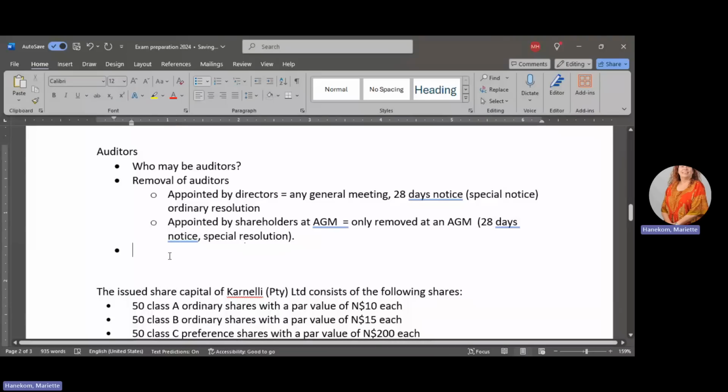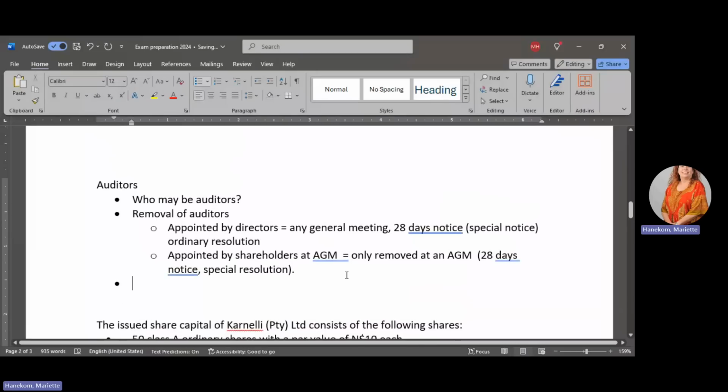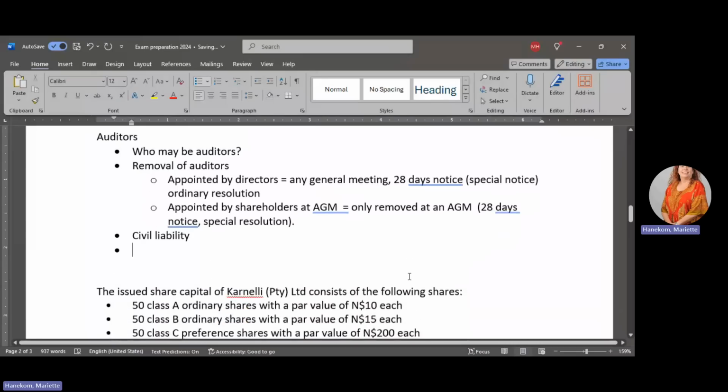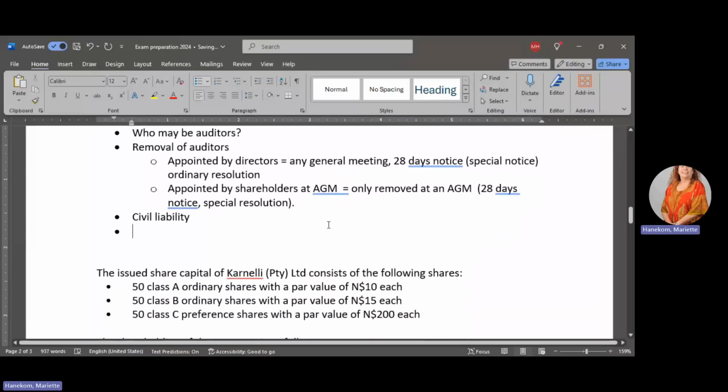The next aspect of auditors, which is important, is the civil liability of the auditors.